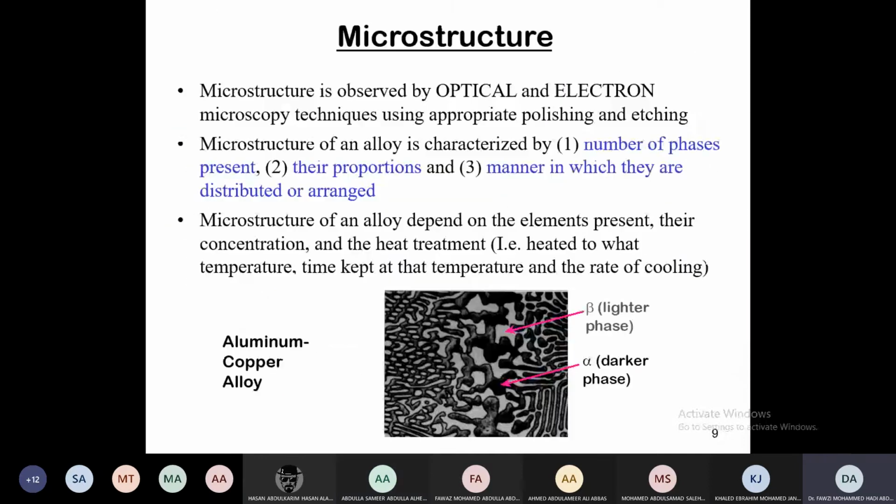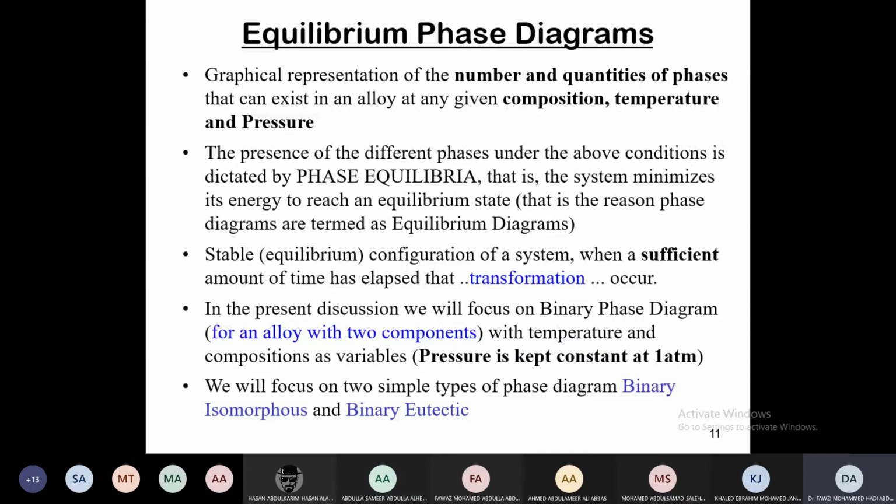If you remember, we explained phase equilibrium. It's dictated in the phase diagram. The conditions are dictated by phase equilibria, which means that we cool very slowly, because the diffusion in the solids is very slow. So you need to leave enough time for the transformation to happen, and the phase diagram is based on that.